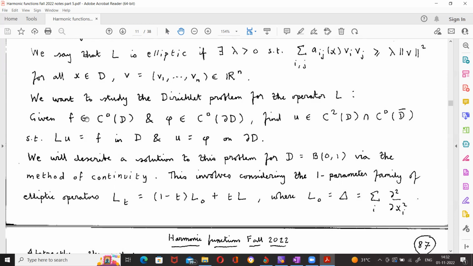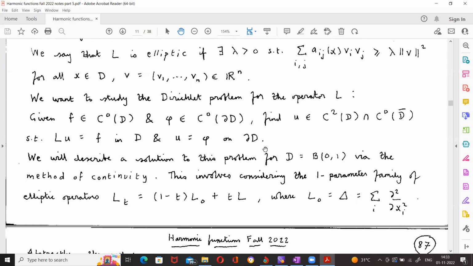So for the operator L, given f a continuous function on the domain D and phi a continuous function on the boundary of the domain D, find u, which is C^2 in the interior and continuous on the closure, such that Lu is equal to f in D and u is equal to phi on the boundary of D.